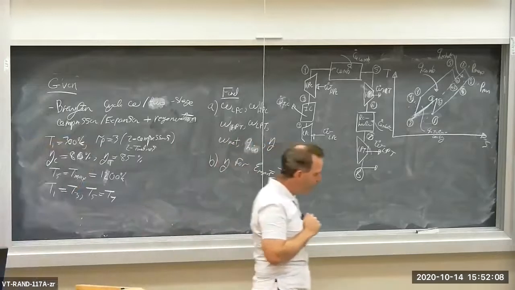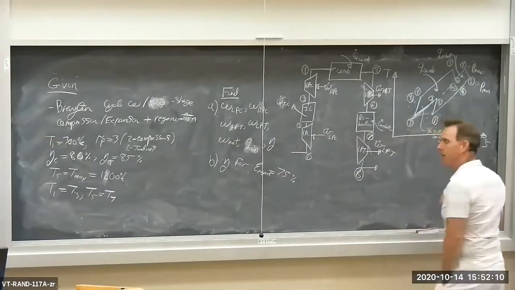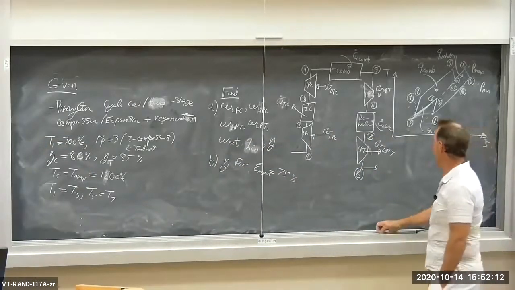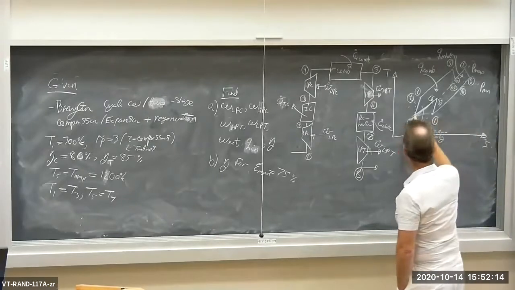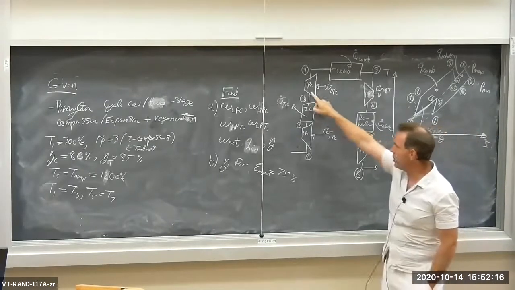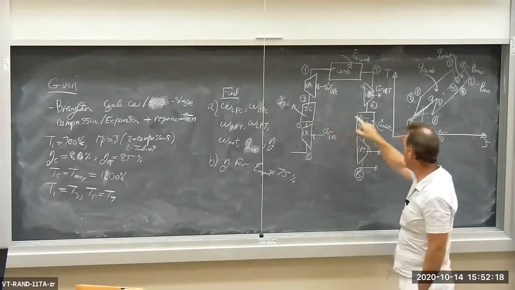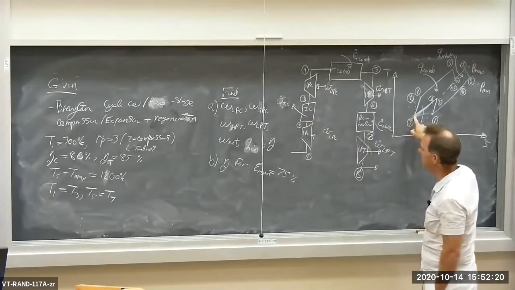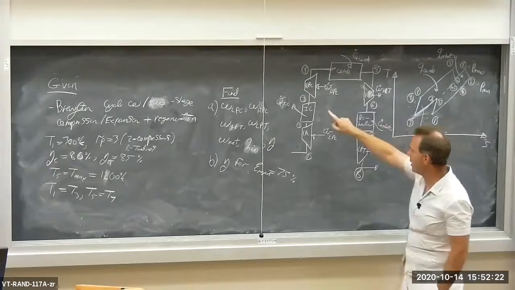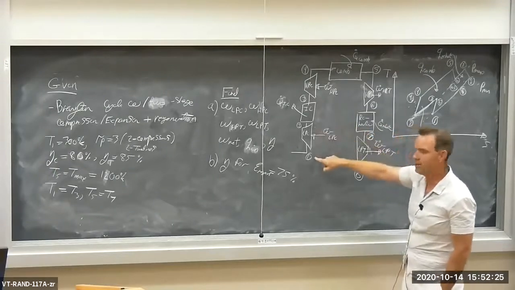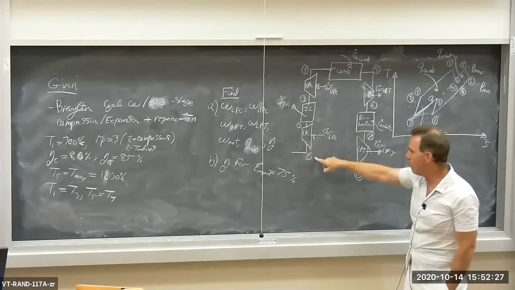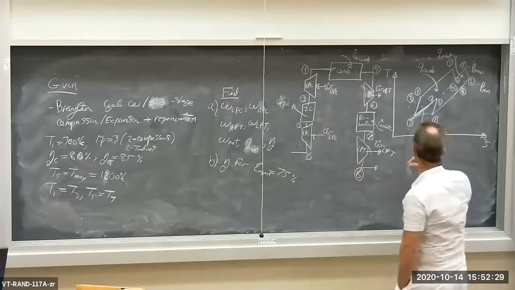And the amount of intercooling and reheating is such that the high pressure compressor inlet temperature T3, state 3, is right here. The high pressure compressor inlet temperature is the same as the low pressure compressor inlet temperature.